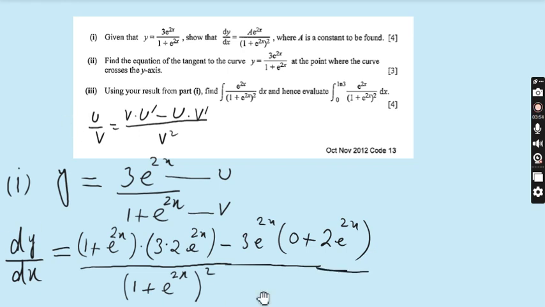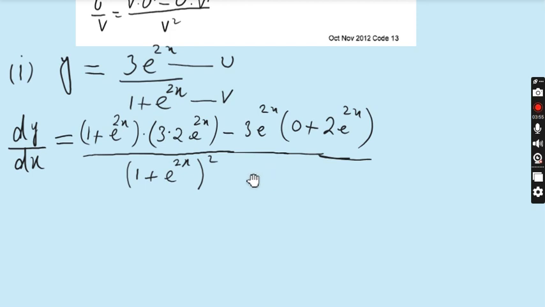Simplify it. Three into 2e^2x is 6e^2x. Multiply (1 plus e^2x) minus 3e^2x by 2e^2x.